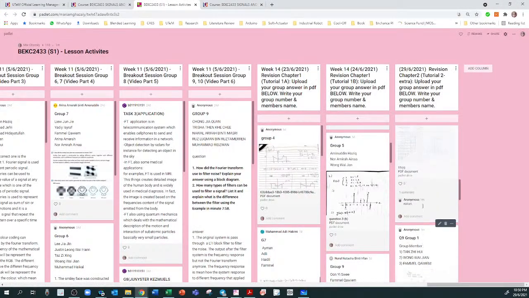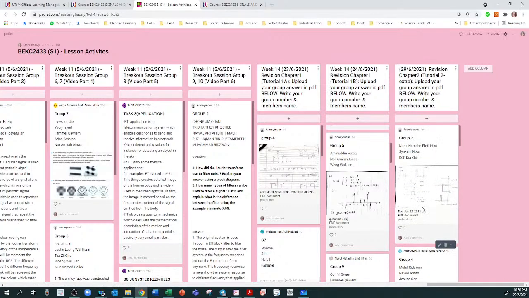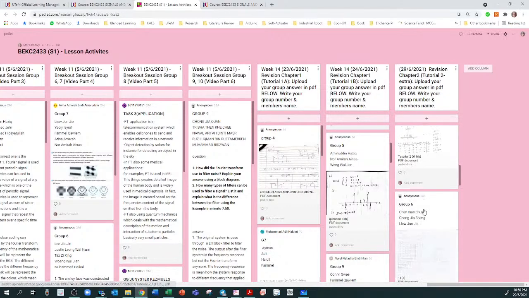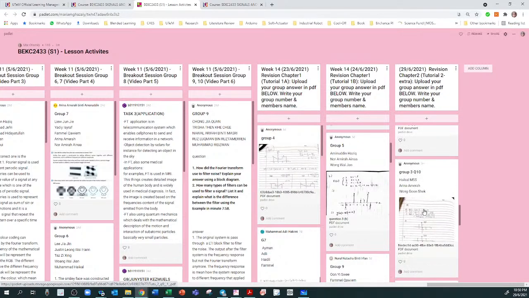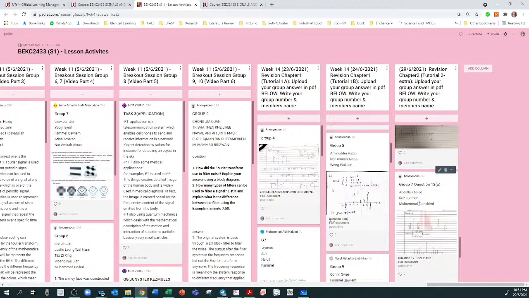Group 7. Mana group 7 ya? Okay, group 7 ya. Abdallah, Ruz Luqman dengan Muhammad Zul Hakimi. Who wants to volunteer?